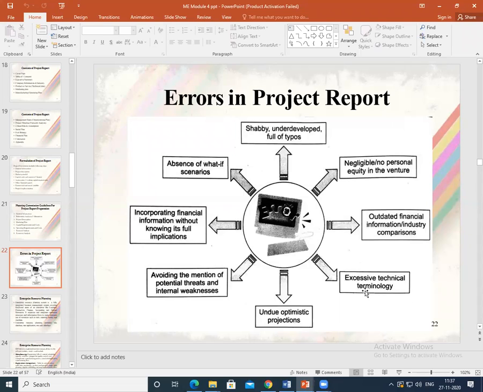Excessive technical terminology is also one of the errors in a project report. Unduly optimistic projections. Financial information which is outdated for comparisons. So these are a few of the errors in a project report.